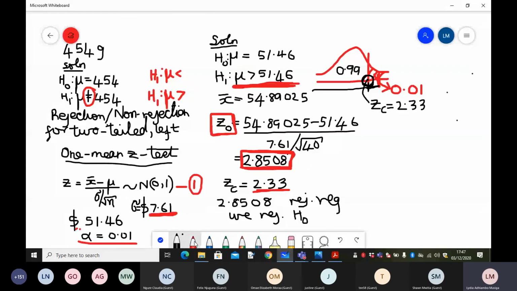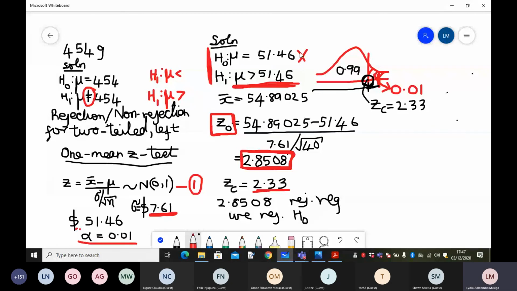Let us just look at H0 and H1. H0 was saying that the mean was equal to 51.46, but H1 is that the mean is greater than 51.46. We have rejected H0.